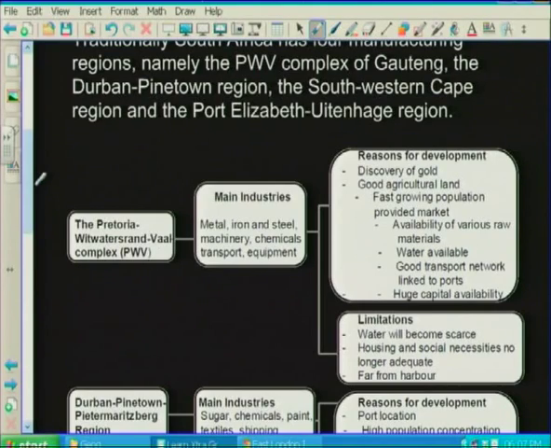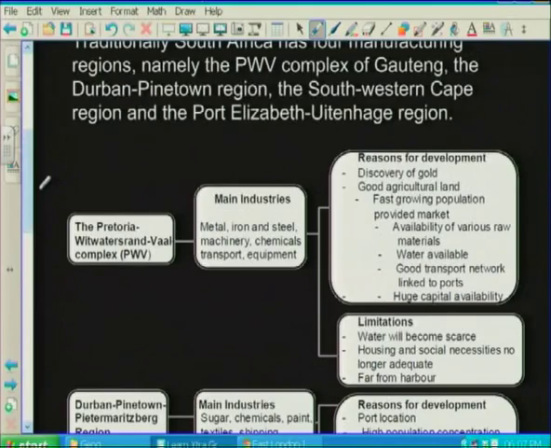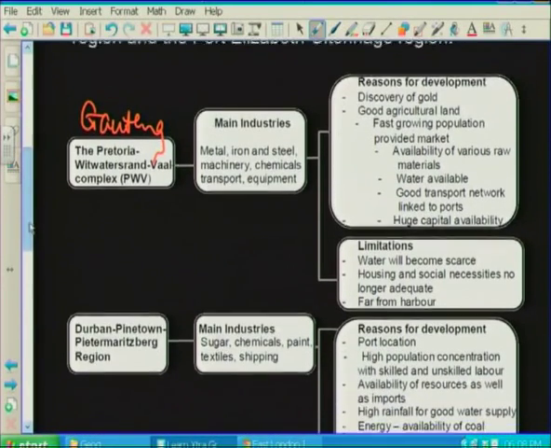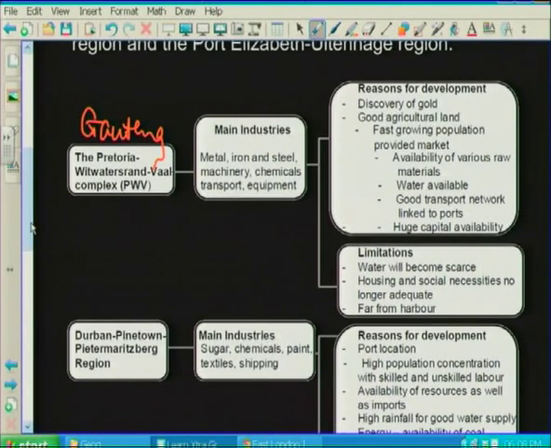The Pretoria Witwatersrand Vaal complex, or what's commonly known as the Gauteng region now, basically has the metal, iron, steel, machinery, chemical, transport and equipment industries. And you'll see that the reasons for the development of that is because of things like gold in 1884, the fact that it was good agricultural land, and if you know a little bit about your history, the fact that everyone came up here to Joburg when someone sort of hobbled over a nugget of gold.